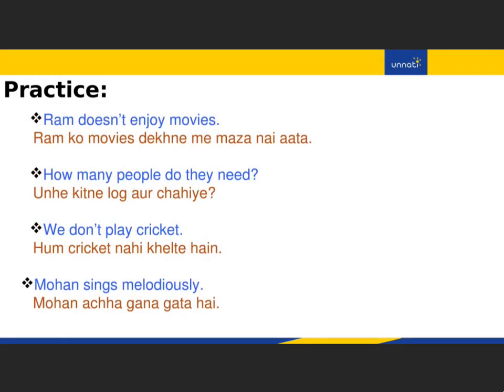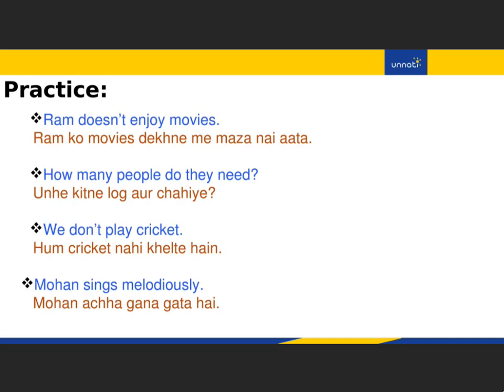Some more examples to look at. राम को मूवीज देखने में मजा नहीं आता. Ram doesn't enjoy movies. So it is a negative sentence in simple present. How many people do they need? उन्हें कितने लोग और चाहिए?